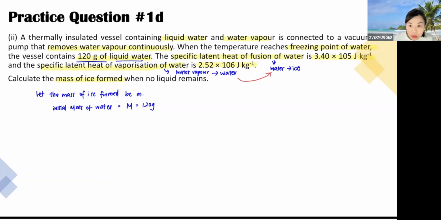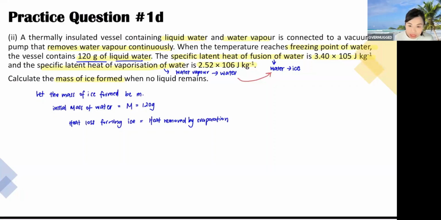There is ice being formed, which means your water has to lose heat in order to form ice. So the heat loss forming ice must be equal to the heat gained, because if somebody is losing heat, somebody must be gaining heat. In this case, the heat gain is through the evaporation process, whereby the vacuum pump is removing water vapor. So therefore it is equal to the heat removed by evaporation.